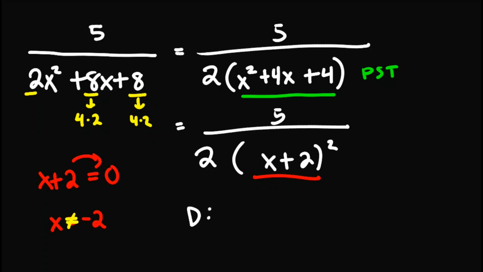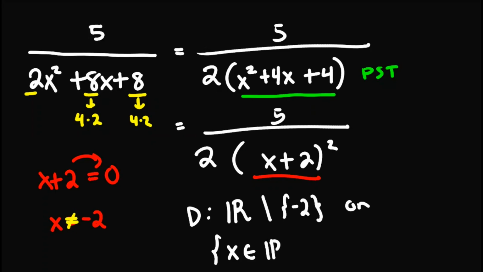So our domain is given by all real numbers except negative 2, or x in R such that x is not equal to negative 2. And that is the domain of this rational expression.